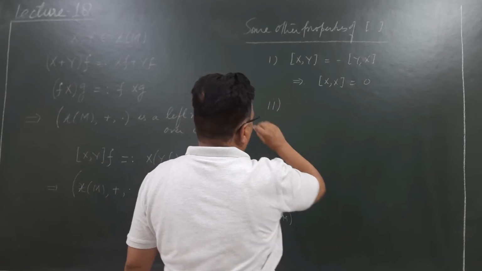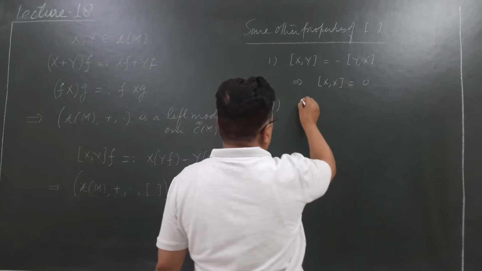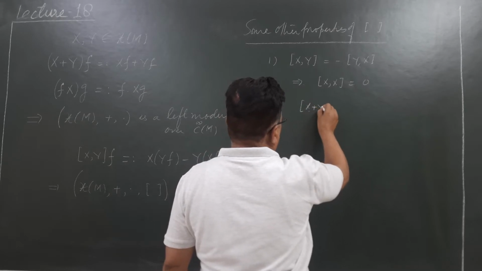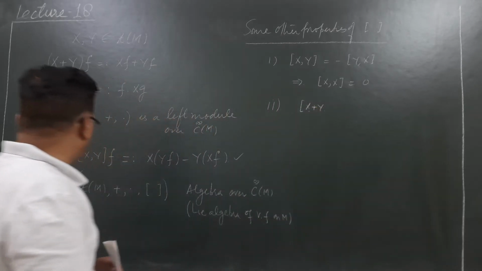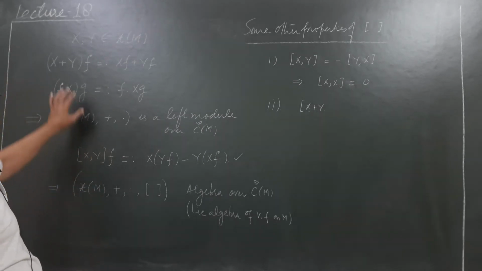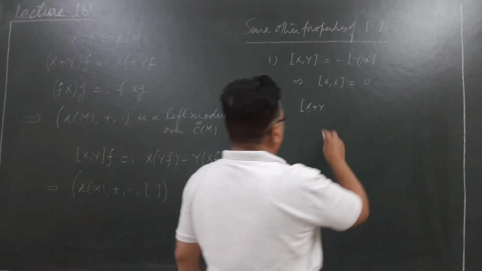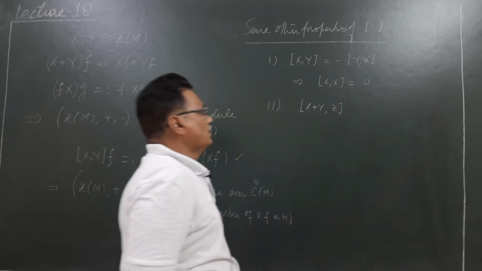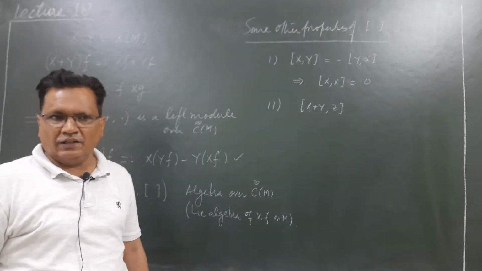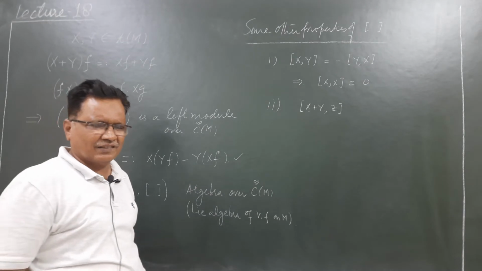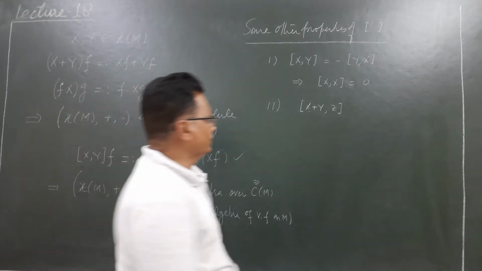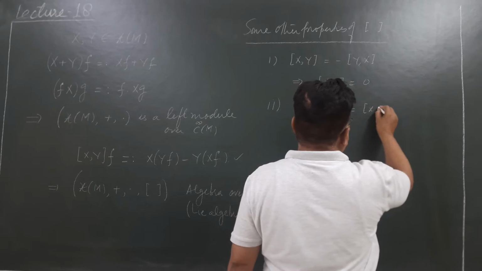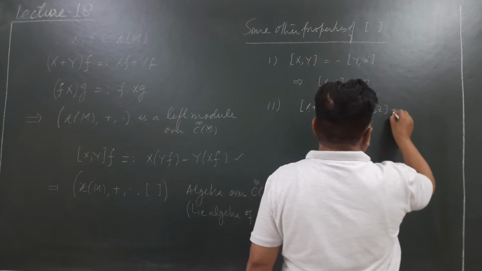Secondly, if you consider the Lie bracket [X+Y, Z], I need to check the compatibility of the Lie product with addition. So, [X+Y, Z] equals [X,Z] plus [Y,Z]. In fact, this is the left distributive property, and right distributive property as well.